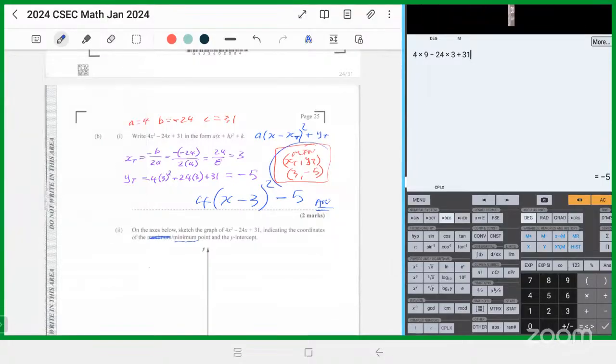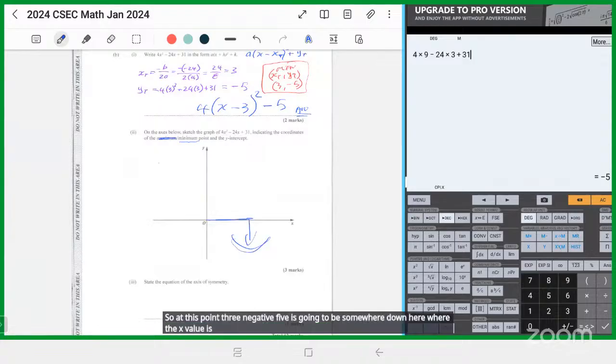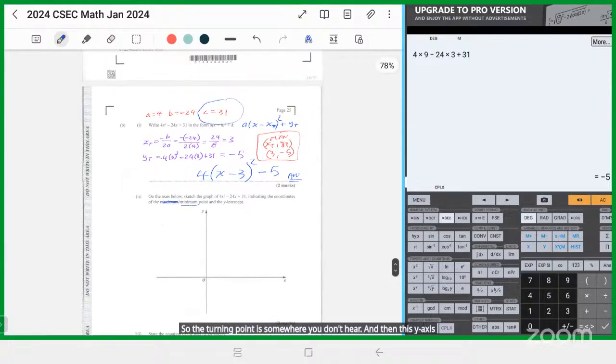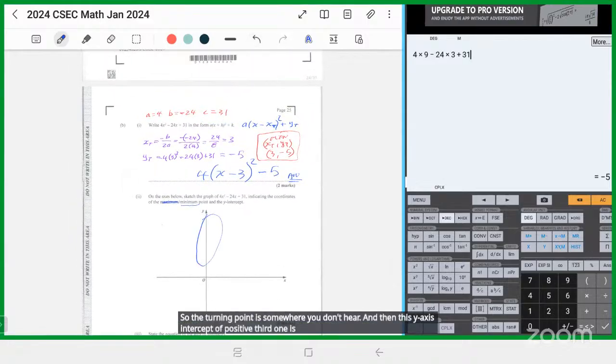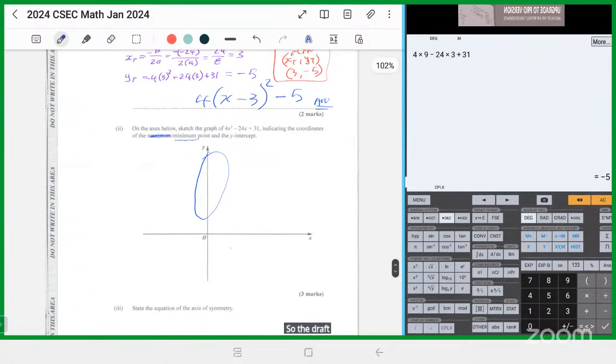So this point 3, -5 is going to be somewhere down here, where the x value is positive and the y value is negative. So the turning point is somewhere down here. And then this y-axis intercept of positive 31 is somewhere up here where the y value is positive. So the graph turns down here and crosses somewhere up here.